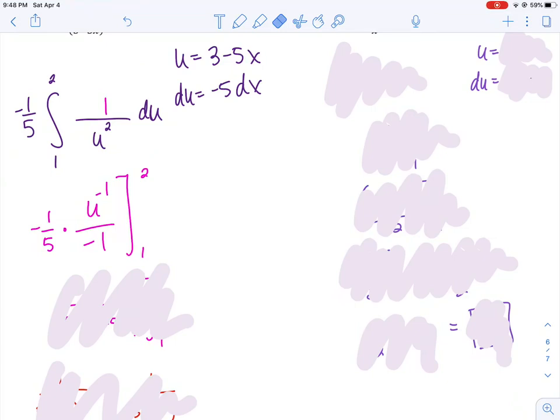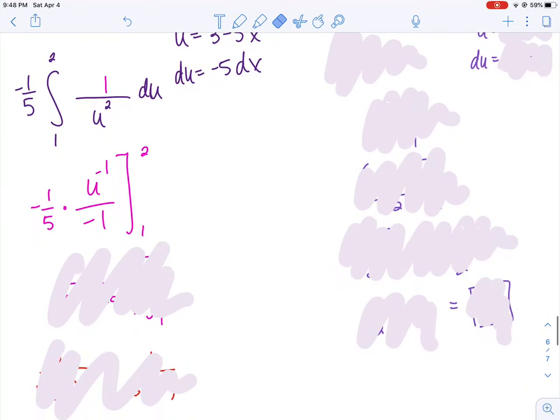Remember, those were x limits, so I can't substitute in yet until I substitute back my x's. I'm going to simplify a little bit first and bring that u to the negative 1 down to the denominator so it turns into a positive 1. And then I'm going to substitute in my 3 minus 5x. Two negatives made a positive, and I brought this down to the bottom so that I have u to the positive 1 in the denominator, and then I back substituted.